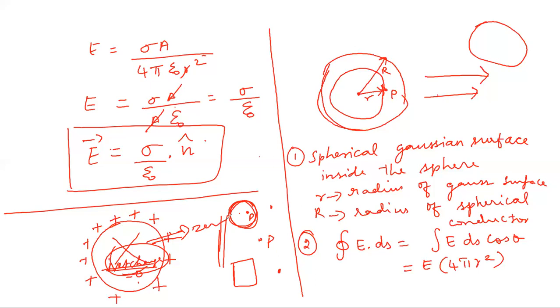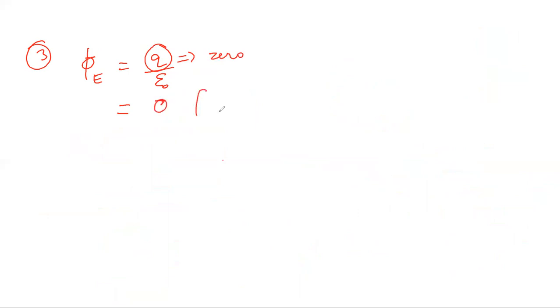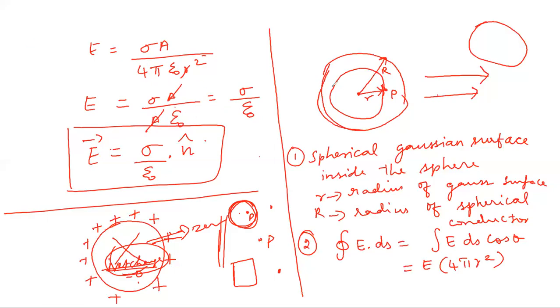Keeping that fact in mind, this charge is nothing but 0 because no charges reside inside, since Q is equal to 0 inside the Gaussian surface. My earlier Gaussian surface was lying outside the conductor, but here the Gaussian surface is inside, and I know inside the net charge is 0.